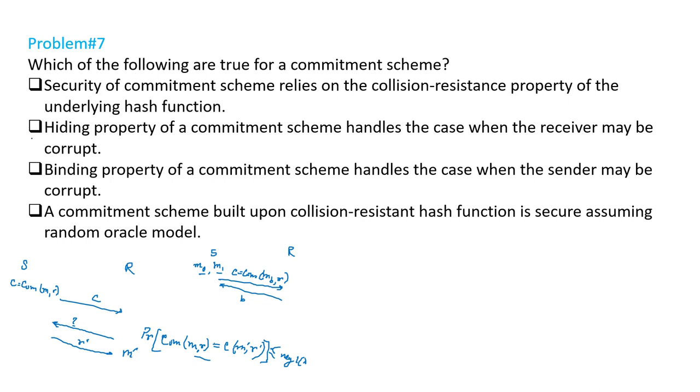So that is about the hiding and binding properties. The binding property handles the case where the sender can be corrupt: if the sender is corrupt and tries to open a different message to the receiver, that is handled by the binding property, whereas the hiding property handles the case where the receiver may be corrupt.